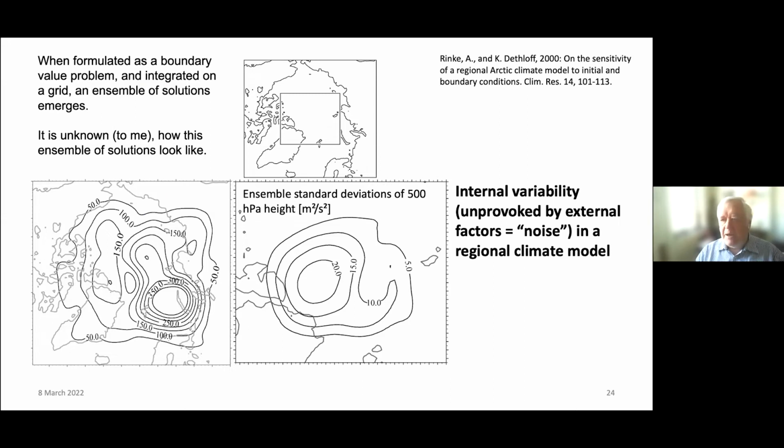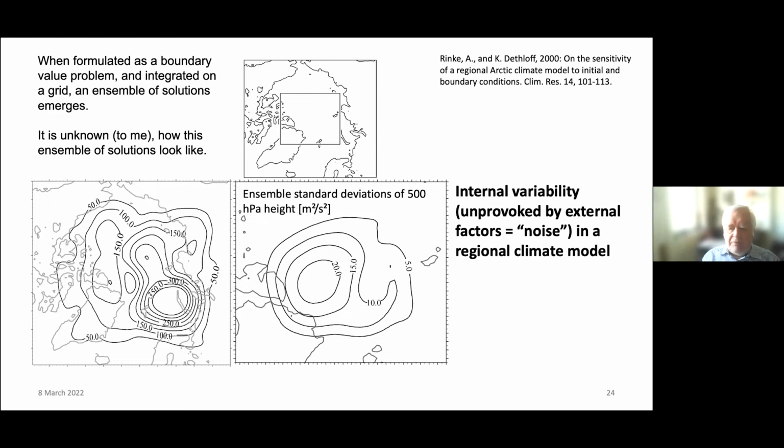And one of the first papers describing this was by Rinke and Dethloff in 2000, which ran a regional model in the Arctic. And the interesting point here is that they had two interiors with different resolution.